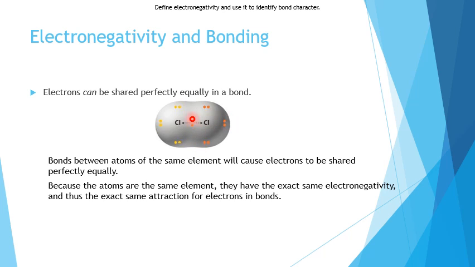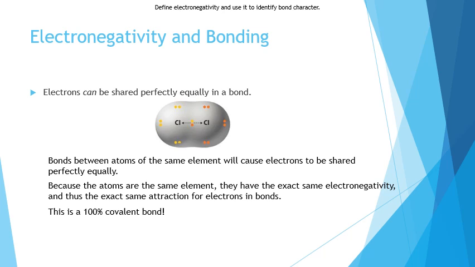They're free to move back and forth between the two atoms, but because the electronegativities are the same, they will spend just as much time around this chlorine atom on the right as they do the chlorine atom on the left. So we say that the electrons are shared perfectly equally. This is a 100% covalent bond.